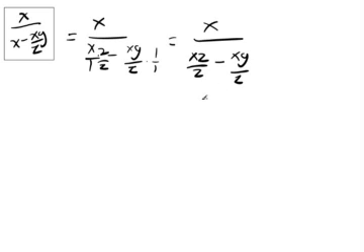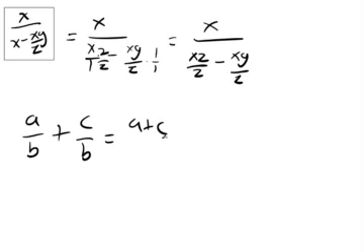Now, another one of the realities when dealing with fractions is that if you have a over b plus c over b, it's the same as saying a plus c over b.